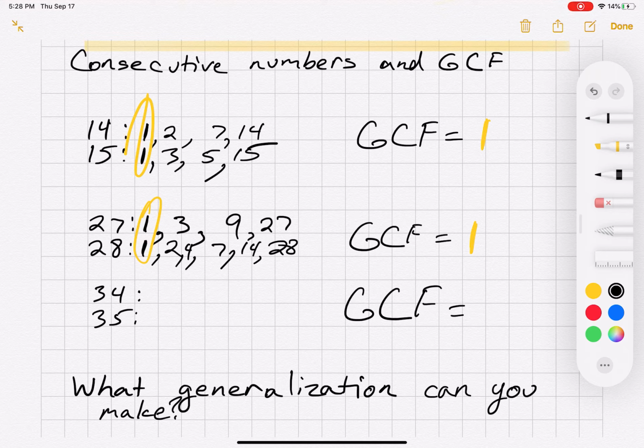Okay, and again, 1 and 34. Hopefully I have enough room there. So 34 divided by 2 is 17. 3 doesn't work. 4, 5, 6. Actually, there are no other factors, so I'm just going to move those over.